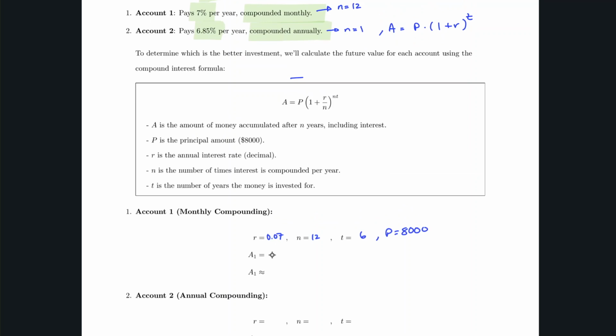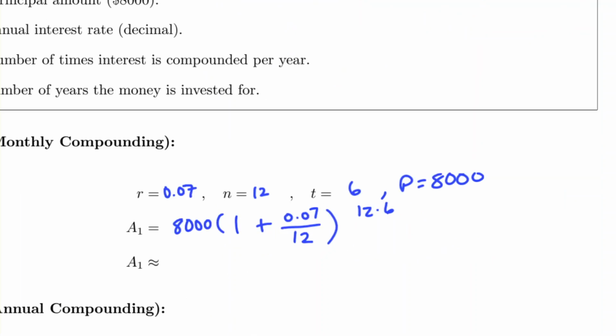So writing in my formula, I'll get 8,000 times (1 plus 0.07 over 12), close parentheses, to the power of 12 times 6. And now personally, I'm going to write all the parentheses that I need to type into my calculator so I don't forget it. I'm going to do a parentheses in the top fraction and the bottom fraction to keep everything in the top together, everything in the bottom together.